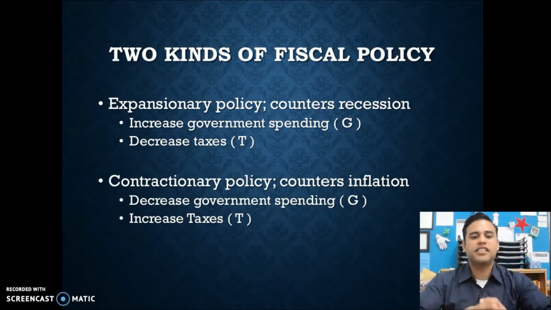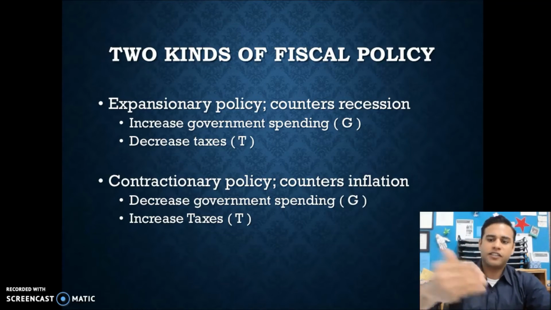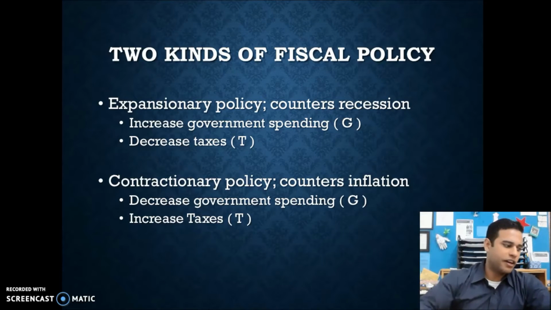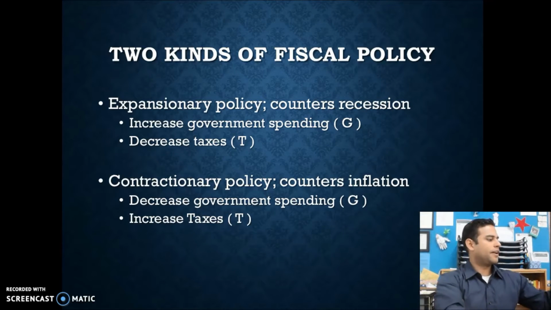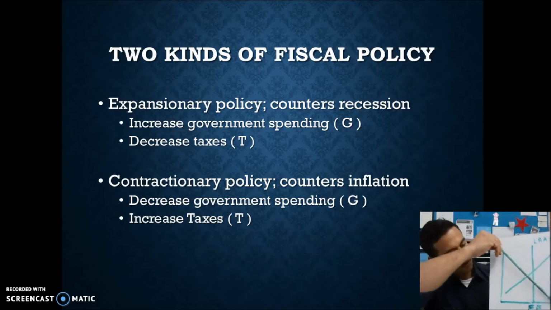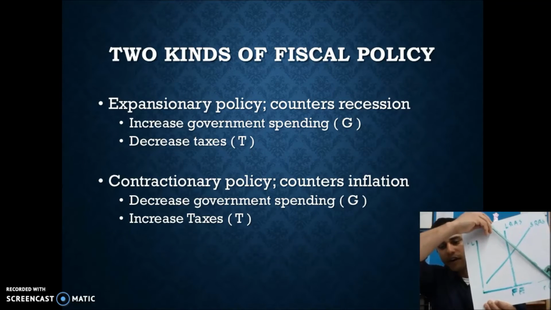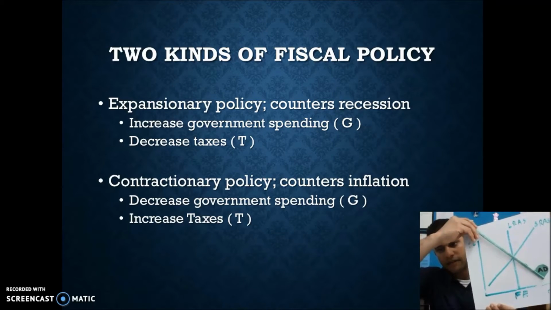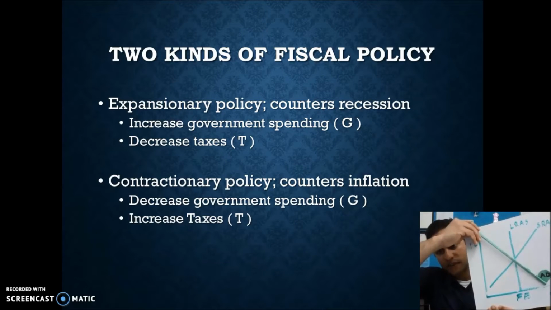The other is contractionary policy, and it counters inflation. What's the opposite of inflation? A contraction. Slow the economy down, pull the economy back, and hey, why not? I'll keep showing you. I did make this awesome little model, so I might as well continue using it. Here we are at inflation, and we're in a contractionary policy to bring it back. Okay, so inflationary economy, contractionary policy.